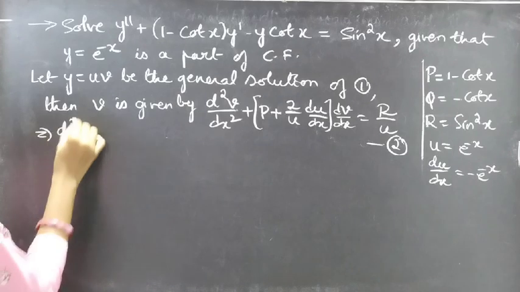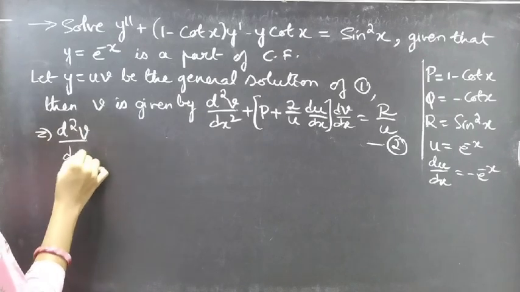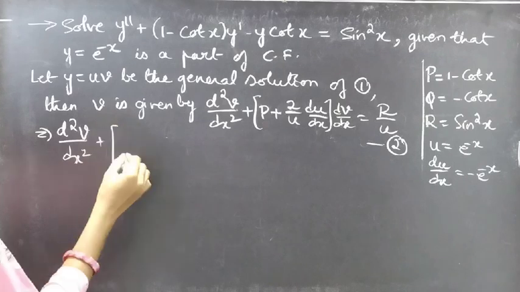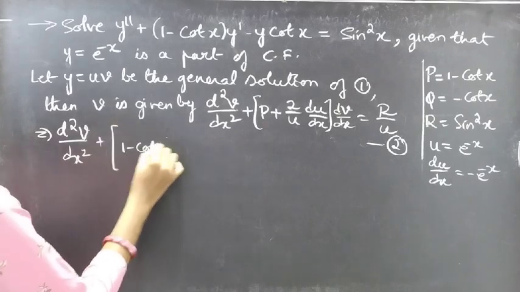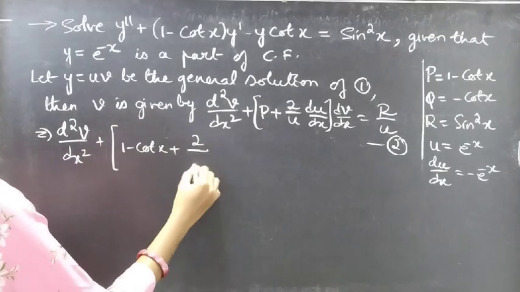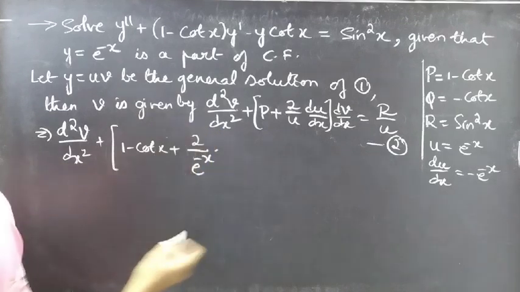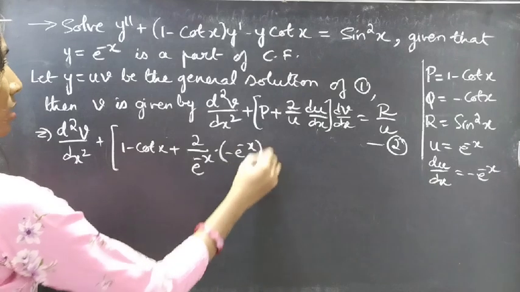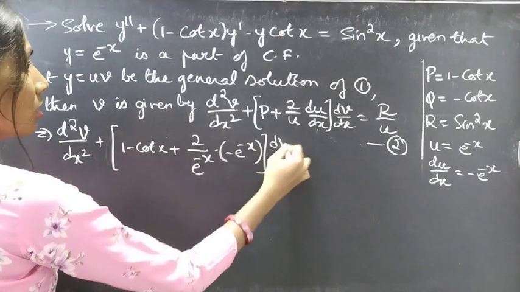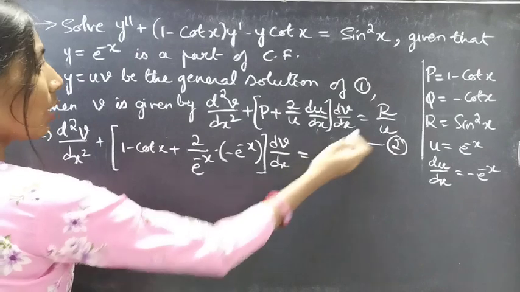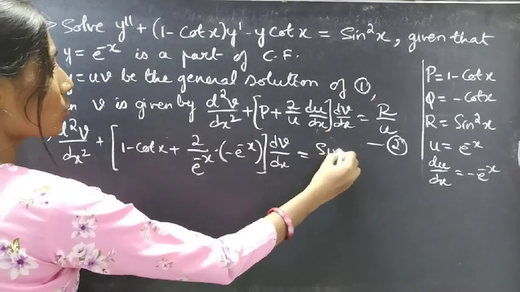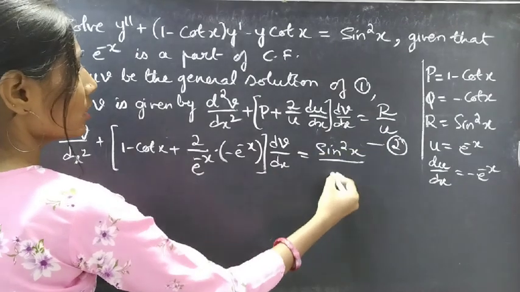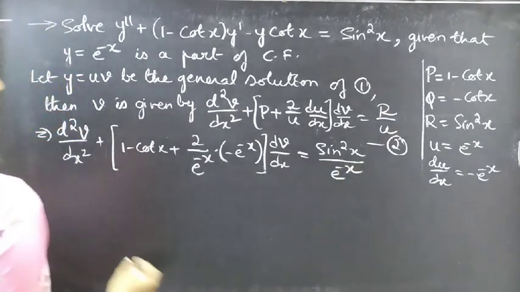Then d square v by dx square plus (p is 1 minus cot x plus 2 by u, e power minus x, into du by dx, which is minus e power minus x) into dv by dx equal to r by u. R is sine square x, u is e power minus x, right?